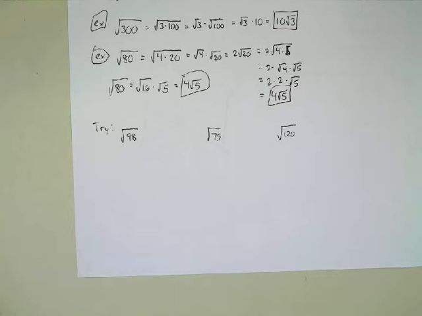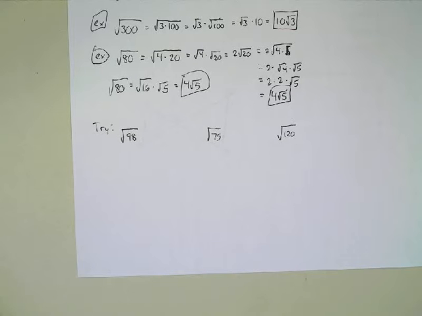Look at when you broke up 80, you wrote the square root of 16 times the square root of 5, right? Here it's the square root of 2 times the square root of 49. What is the square root of 49?